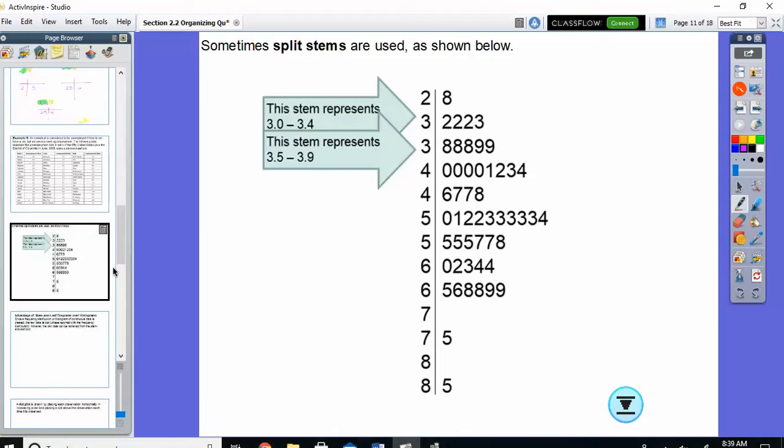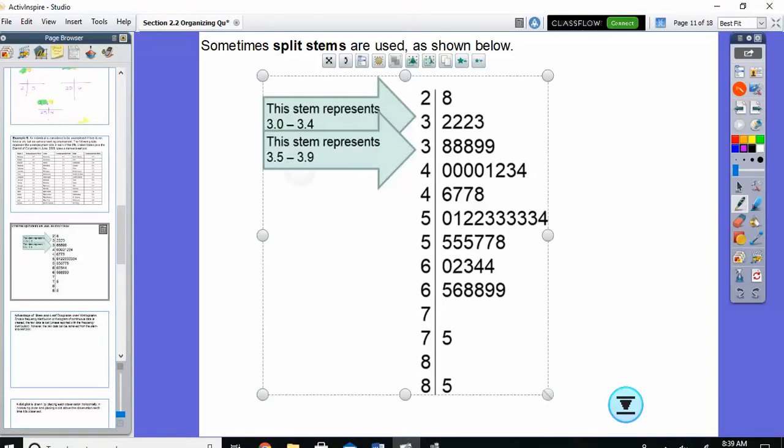You could have made this where your stem was just the 3 and your leaf, you list every digit that showed up. When I split it, my first 3 was everything between 3.0 and 3.4. My second 3 was 3.5 to 3.9, just because I had so many points in each group.